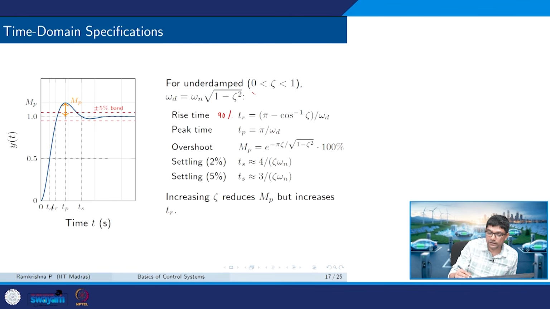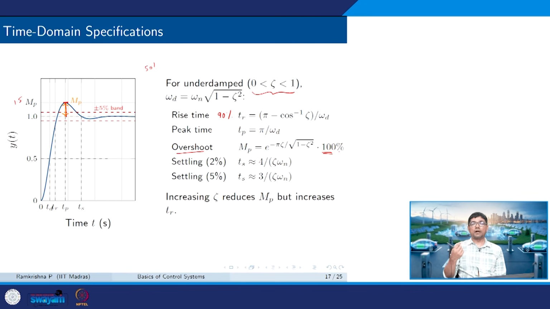Again, these are of interest only in the under damped case, because in the over damped and critically damped cases we do not have an overshoot. Then I have the peak time, the time where it reaches the maximum value. At this peak time, I have a certain overshoot. If this is 1 and this is 1.5, then I call it a 50% overshoot. And this overshoot I measure in percentages.